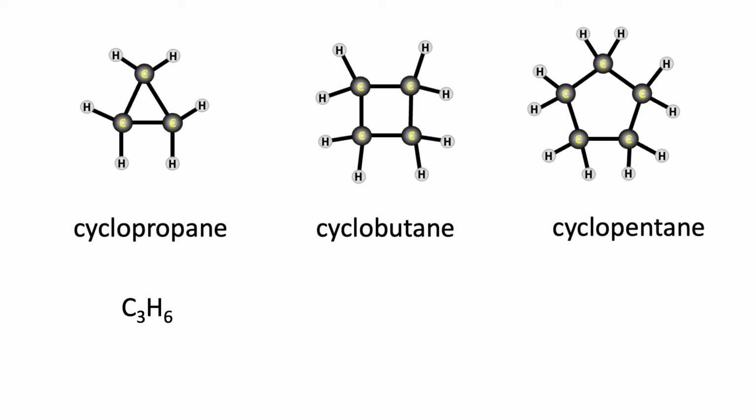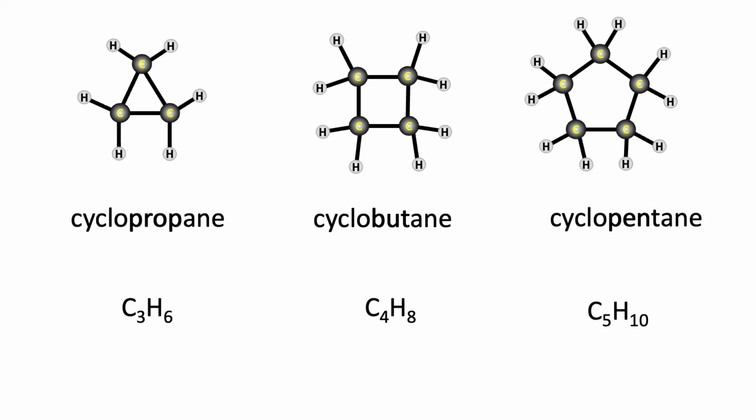The molecule has 2 hydrogen atoms for each carbon, so that's 8 in total. The formula is C4H8. Cyclopentane has 5 carbon atoms, so it must have 10 hydrogen atoms: C5H10. Can you figure out how many hydrogen atoms a cycloalkane with 20 carbon atoms would have?